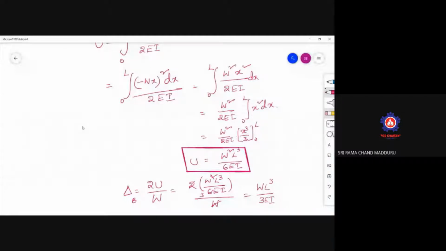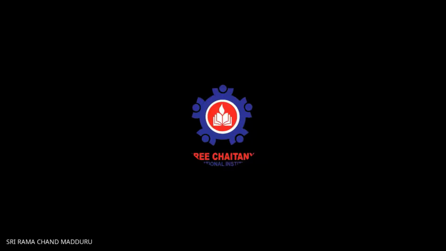From your basic strength of materials, either by the moment area method or the conjugate beam method, we have done this, that is W L cubed by 3EI. It is the deflection for the cantilever beam at the free end.